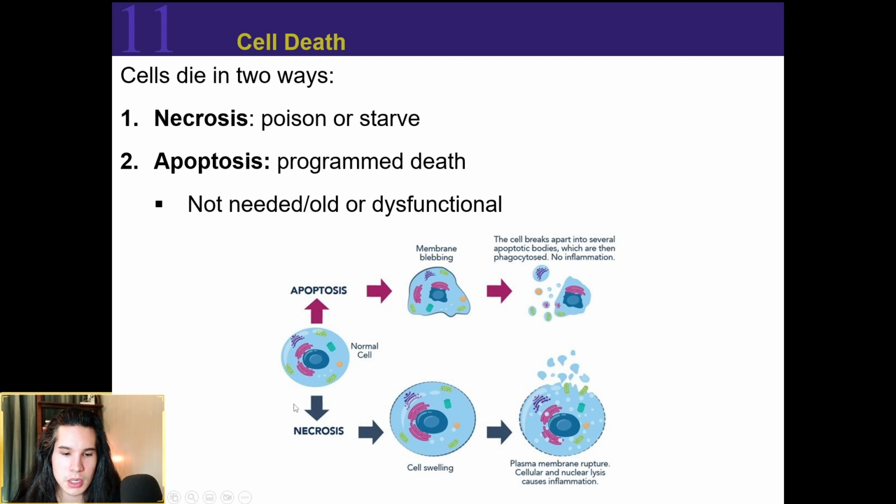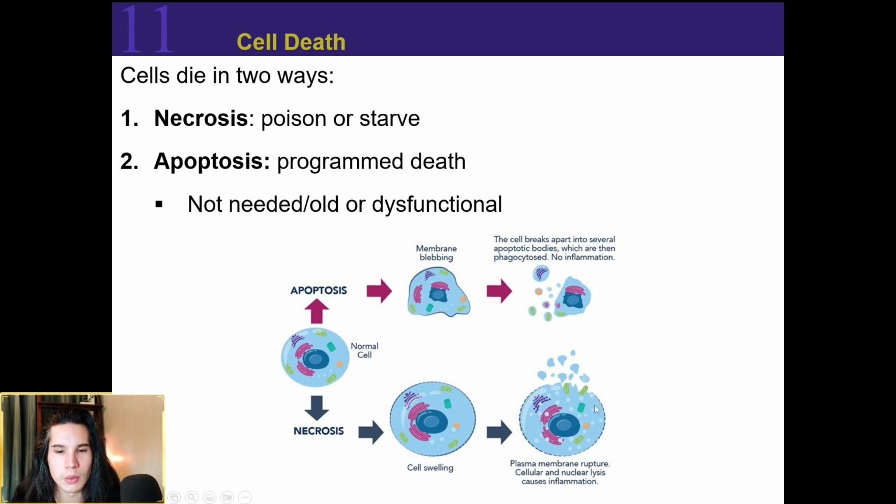Typically with necrosis, you get cell swelling, and the plasma membrane will rupture, releasing all of its compounds and components into whatever tissue it ruptures within. Oftentimes, this is going to lead to inflammation. All of the cytokines and cell signaling molecules within that cell are just released.